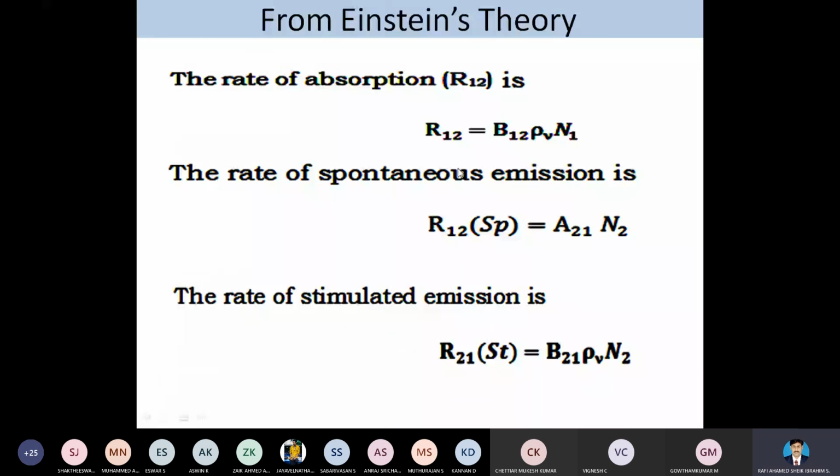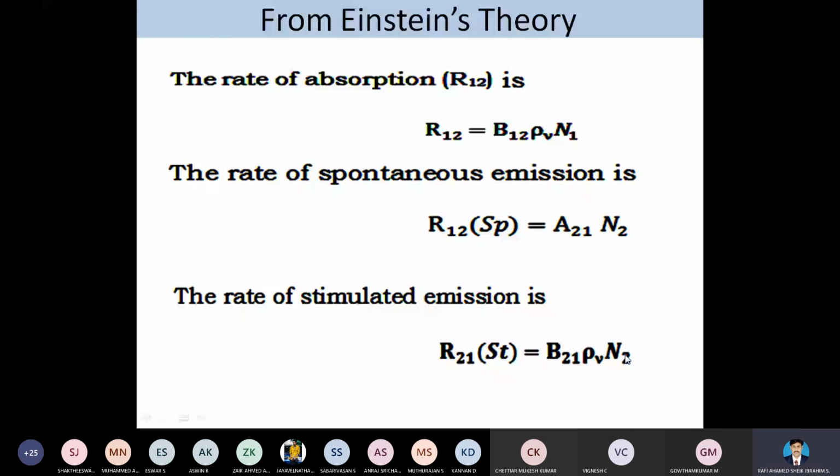The rate of absorption R12 is equal to B12 rho V N1. The rate of spontaneous emission, this one is a 21, R21 is equal to A21 N2. Similarly, the rate of stimulated emission R21 is equal to B21 rho V N2.